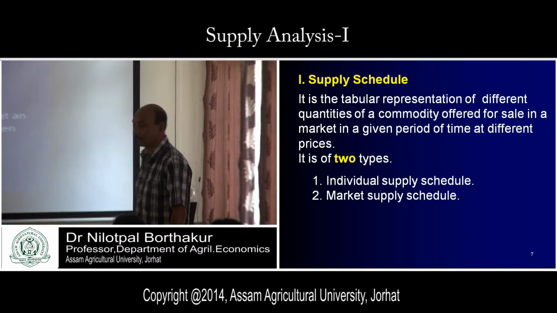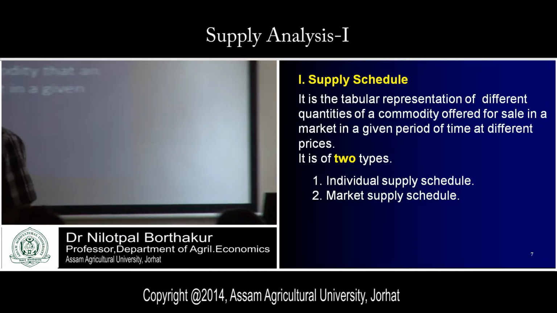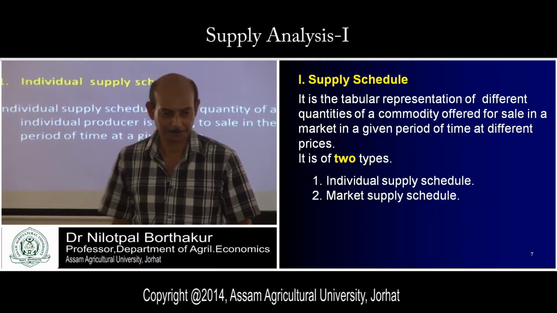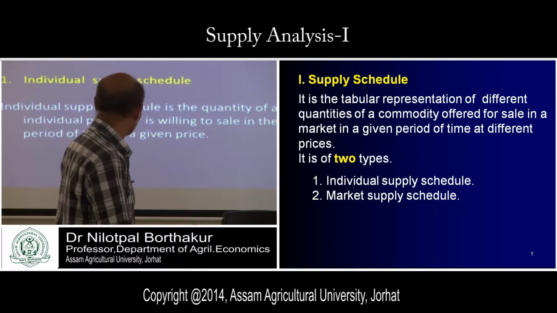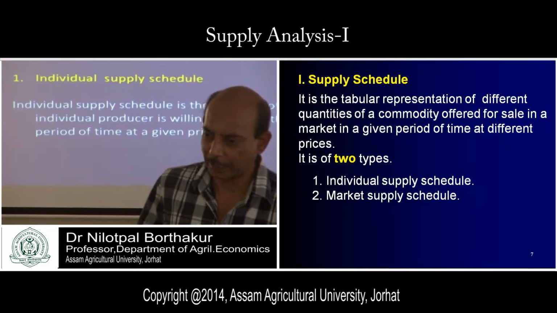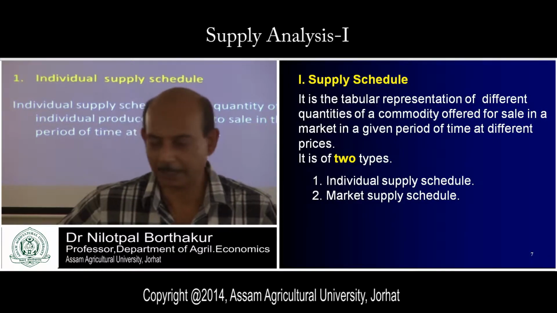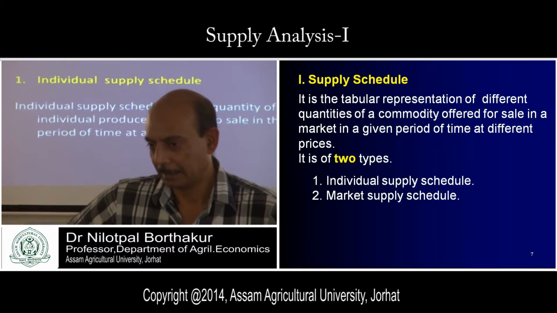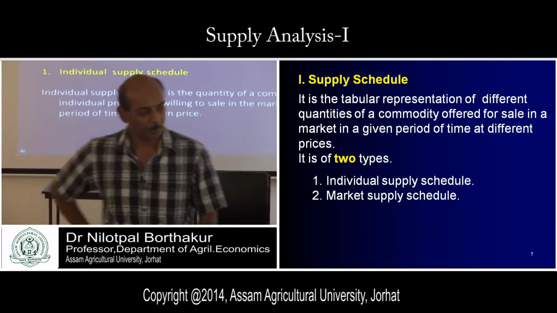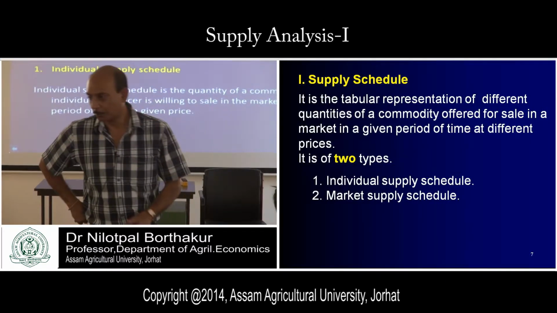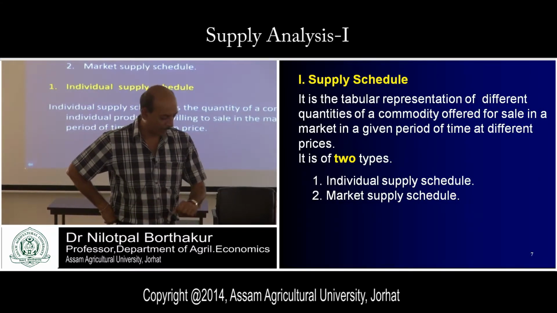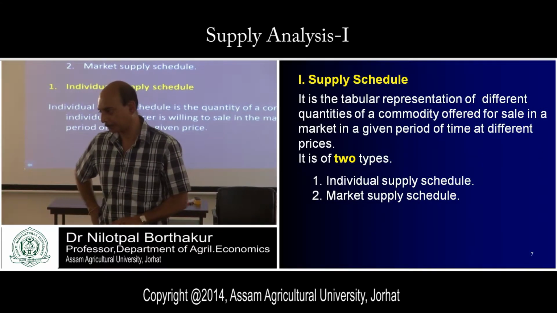This is the supply schedule, the first method of representing the relationship between price and quantity supplied. This is a tabular representation of different quantities of a commodity offered for sale in the market at various prices by a seller. And like the demand schedule, we also get two types of supply schedule: individual supply schedule as well as market supply schedule.